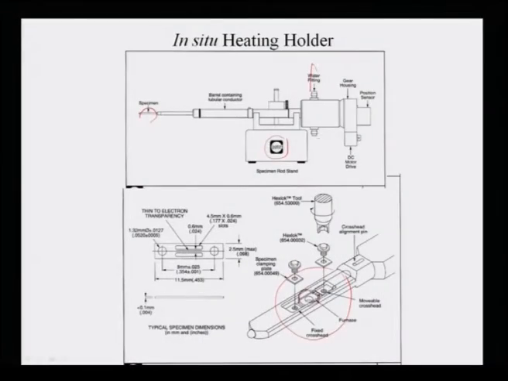This holder can be cooled down by channeling water through the furnace, and it can be used in single tilt or double tilt mode. Both kinds are available, and depending on the type of furnace used, you can go up to a maximum temperature of, in some cases, 1500 degrees Celsius. So, it allows us to heat a sample to different temperatures depending on our need.